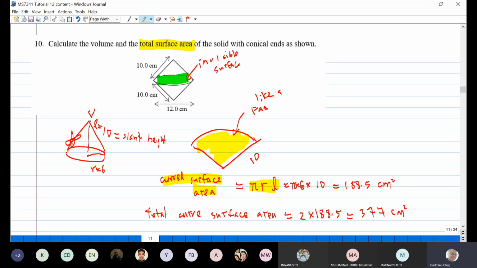And this is your slant height here. Cut open, looks like a fan there. Okay, so this is the second part of question 10. So I can WhatsApp this to you.